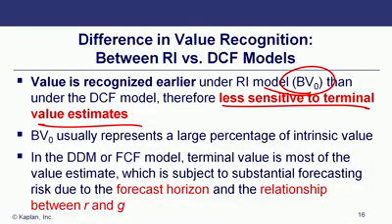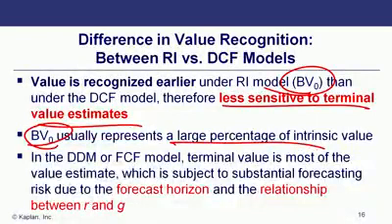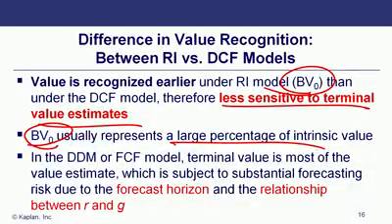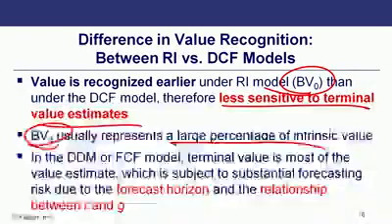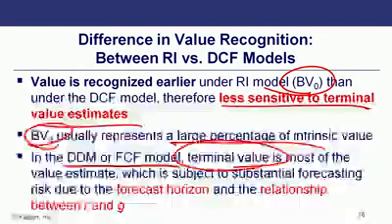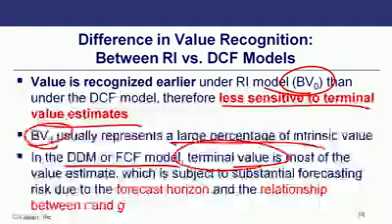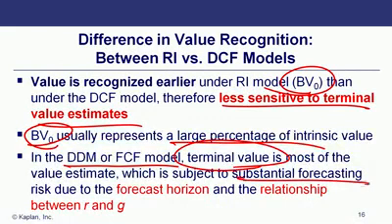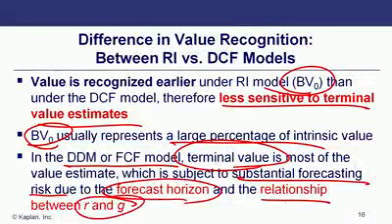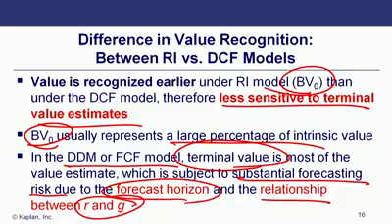So, book value at time 0, like I said, usually represents the largest percentage of the intrinsic value, because the value under residual income is book value adding on any present value of additional return. In dividend discount or free cash flow models, terminal values, that value all the way at the end that gets discounted to today, are subject to substantial forecasting risk due to the forecasting horizon and the relationship of the required rate of return on equity and the growth rate, right?